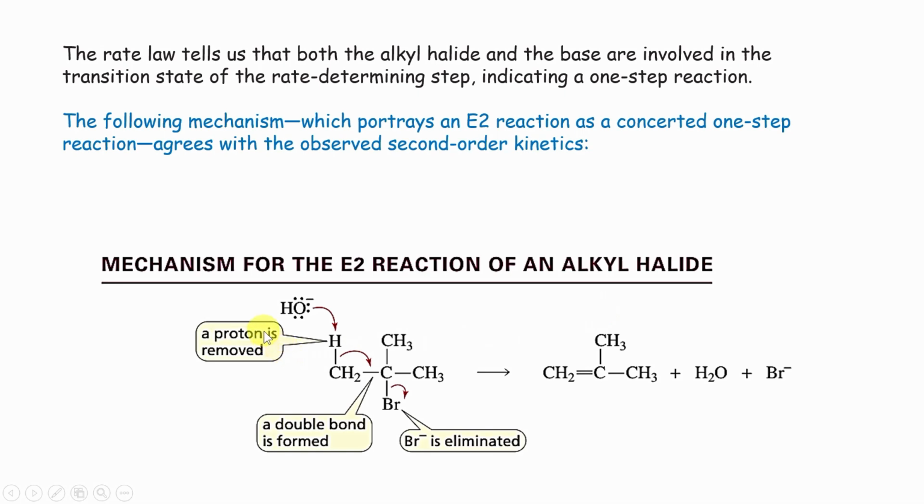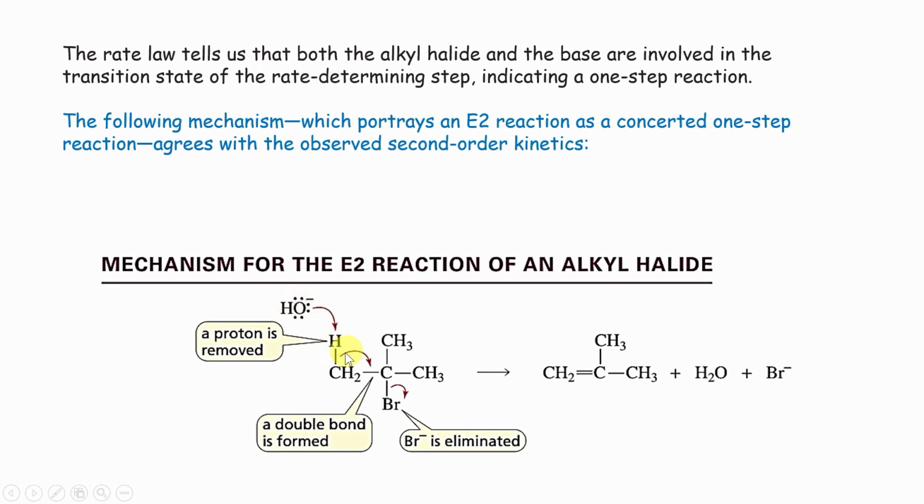That is the mechanism of E2 reaction. It is a concerted mechanism. It involves both the substrate molecule and the base. First of all, the base attacks the beta carbon atom, the carbon atom directly attached to the carbon atom having the leaving group, and abstracts a proton from the beta carbon atom.